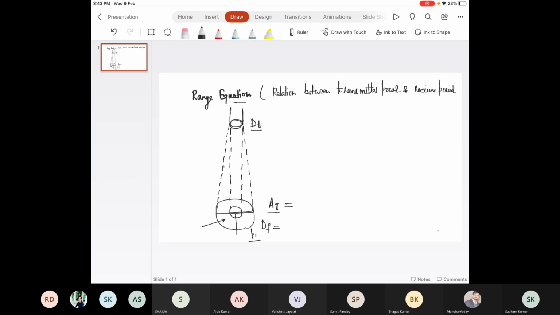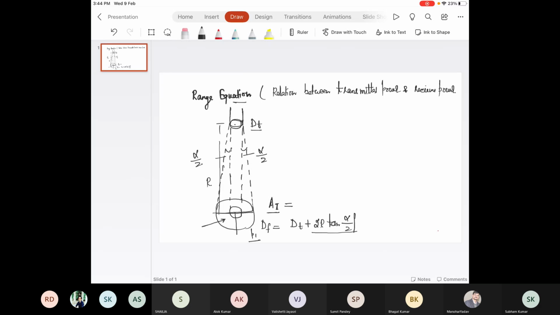How much did we calculate D_F? It is 2R tan(alpha/2) plus d_t, where R is this length. So it will be equal to d_t, the diameter of the transmitter, plus 2R tan(alpha/2).